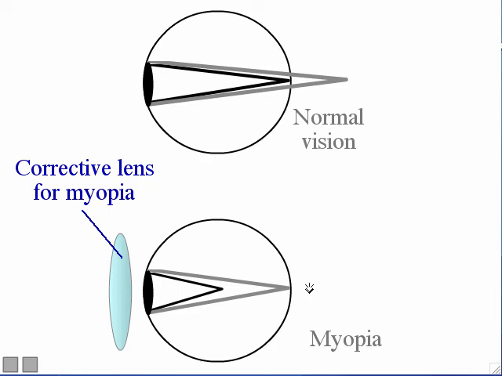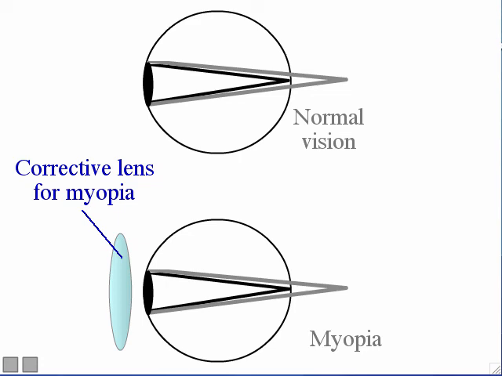And so in myopia, the problem is the focal points are too far forward, so the corrective lenses move the focal points backward. And here you see that right there. Yes, that's what the corrective lenses for people with myopia do. They move the focal points backward to restore them to the positions they would be if the person had normal vision.